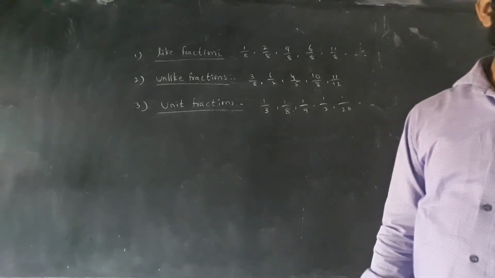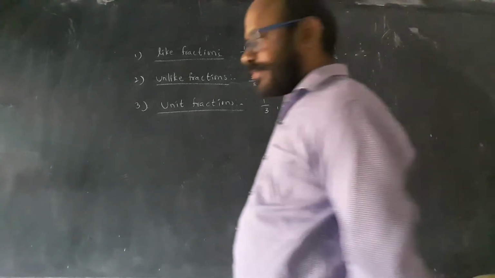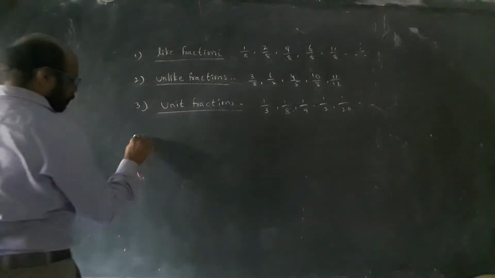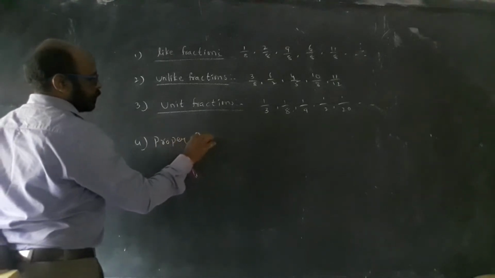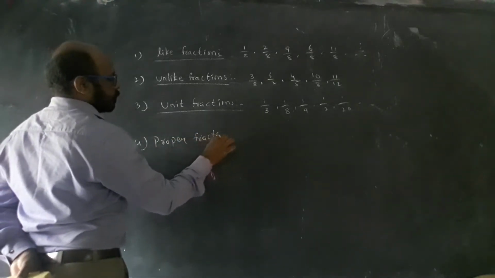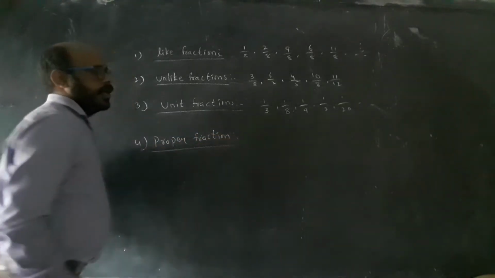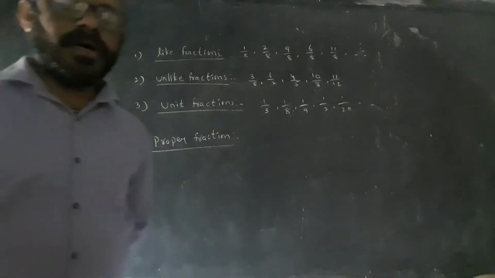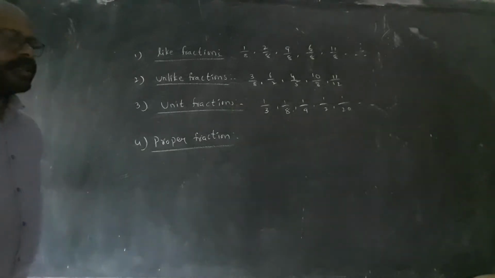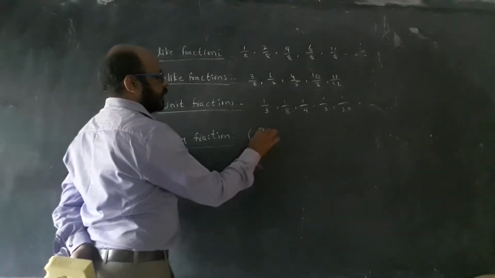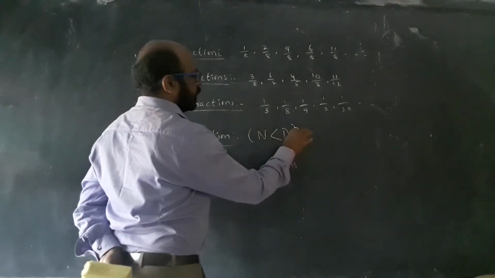The next one is proper fraction. In a proper fraction, the numerator is smaller than the denominator. The denominator is compulsorily bigger.